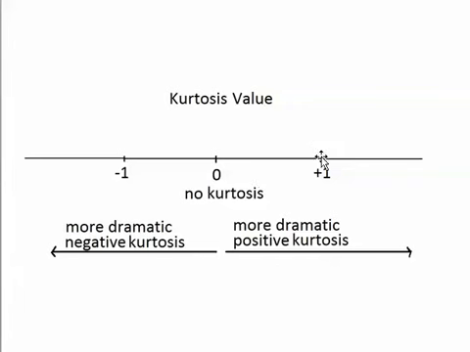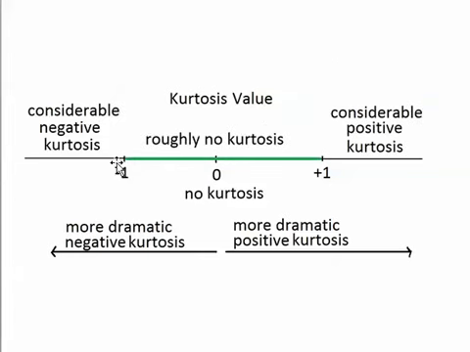If it comes out to a positive number, your data has a positive kurtosis, meaning it's sharper than the normal curve. But if it comes out between -1 and +1, it's roughly no kurtosis, meaning it's peaking somewhere in the middle, not really high or really low. So the kurtosis value works the same way as the skewness value.